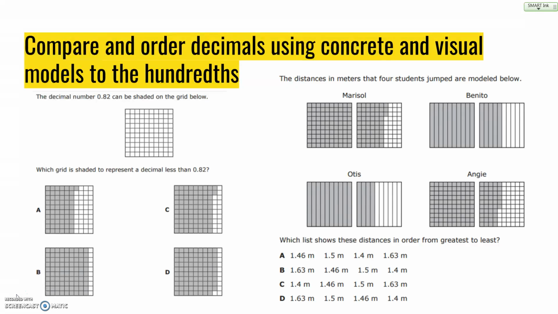So it's really important that they slow down, they read critically and carefully, and make sure that they understand what they are being asked to do. Because even though it's asking from greatest to least and that answer choice is down there, the answer choice where they reverse it and go from least to greatest is always going to be there also. So if they don't read carefully, they're going to choose that wrong answer.